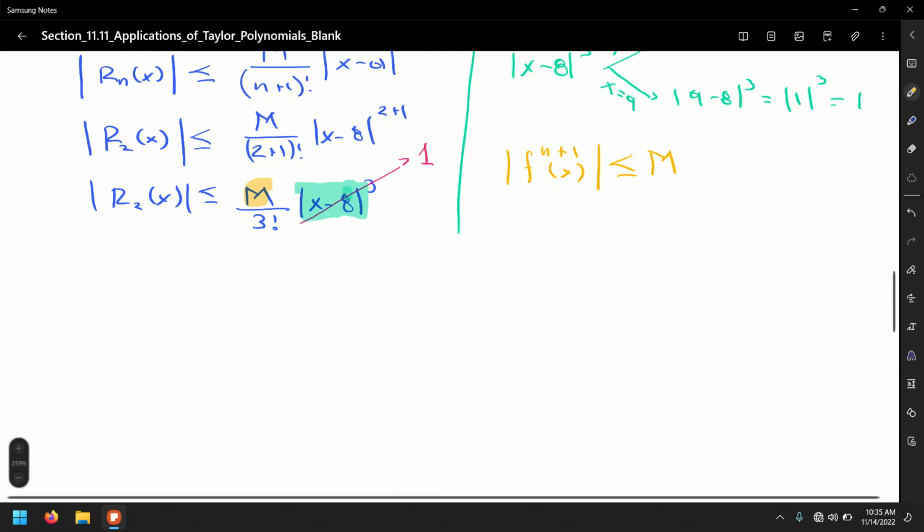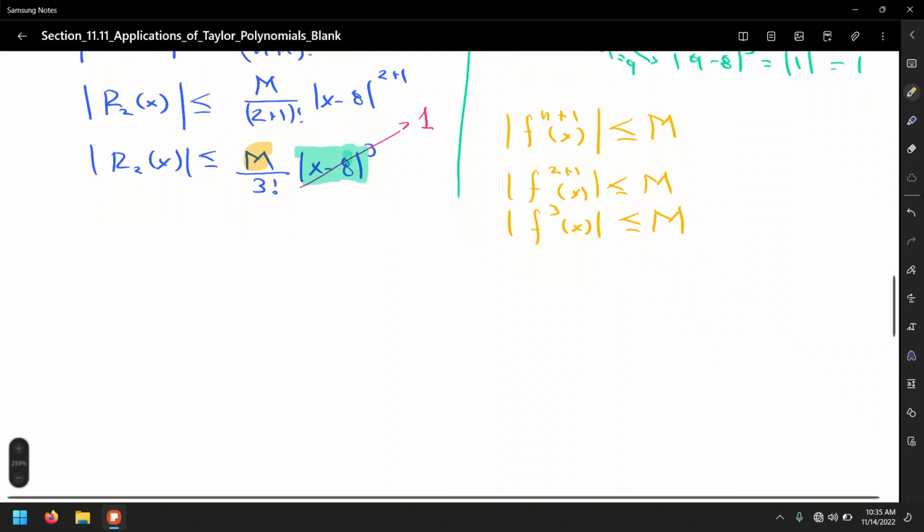Well, let me set it up as a third derivative. That's 2 plus 1. The third derivative of x. All right, and that's why we took the third derivative, even though we didn't evaluate it before, so we're going to use that third derivative.